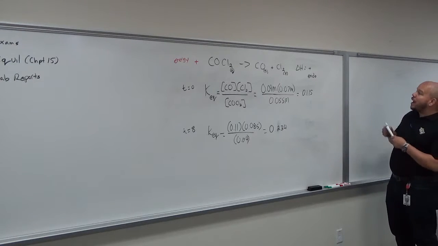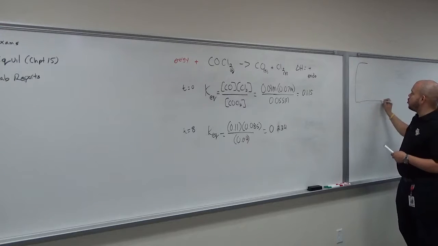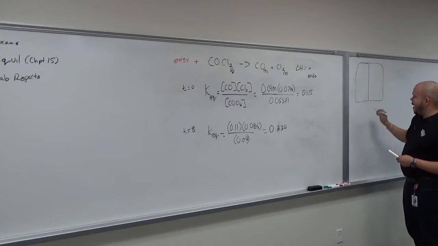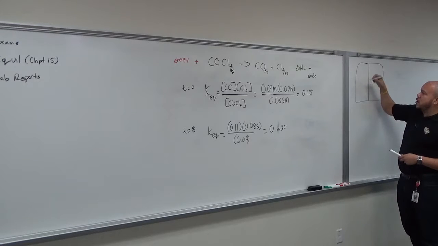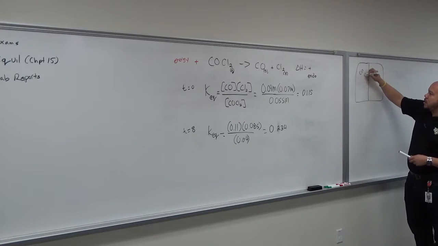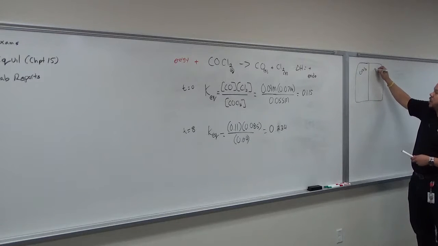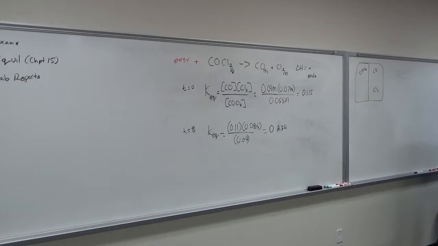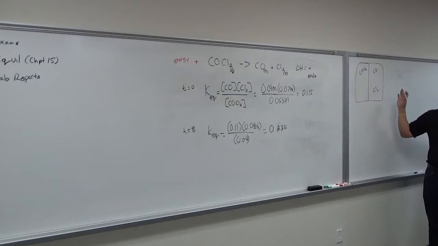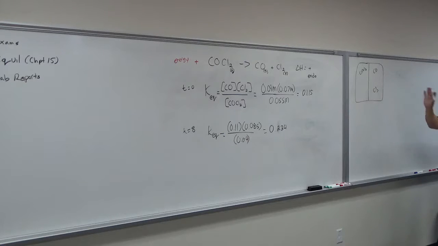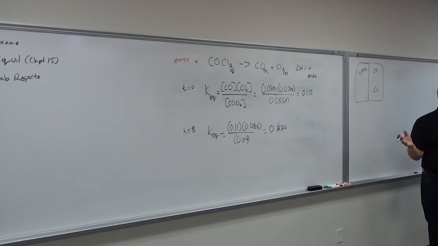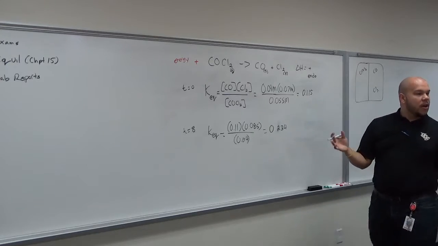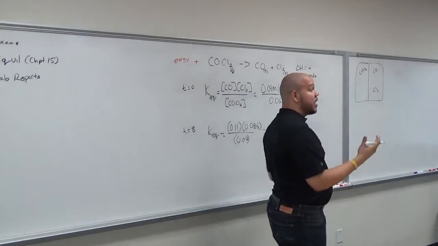I think what they're trying to show you is that at 0 to 4, we had our CO and Cl2 at constant concentration. Not a constant rate, a constant concentration. We had not started any reactions yet. For a reaction to occur, these have to be interacting with each other.